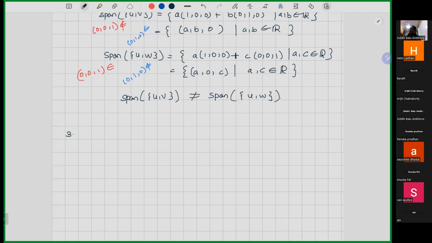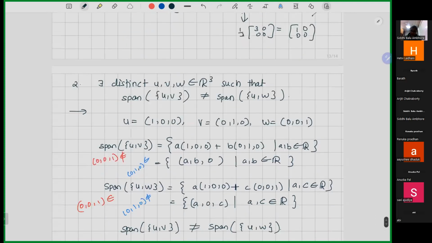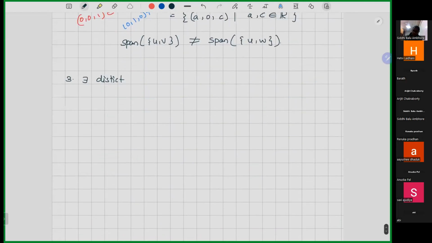Third one: does there exist distinct u, v, w, x in M2(R)?